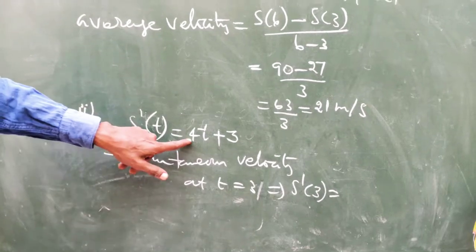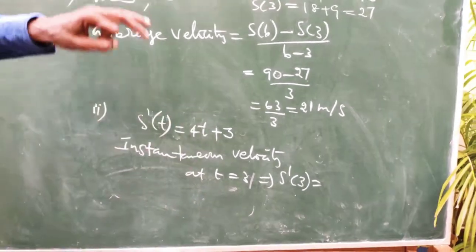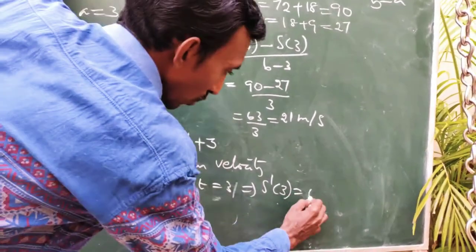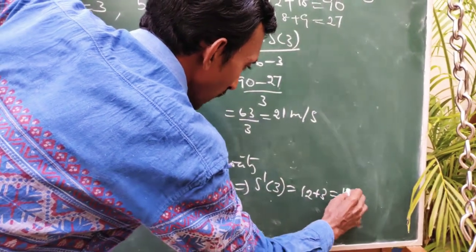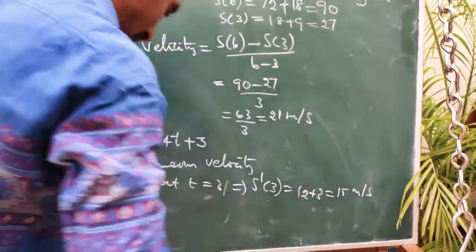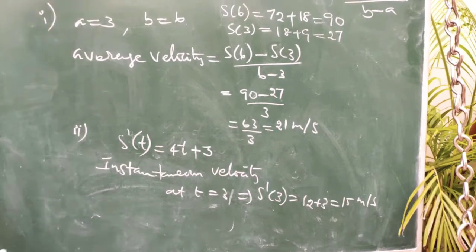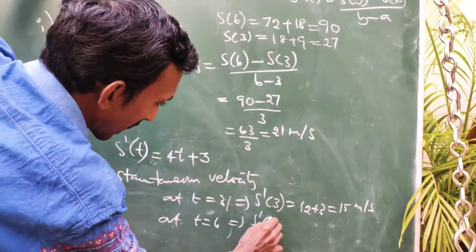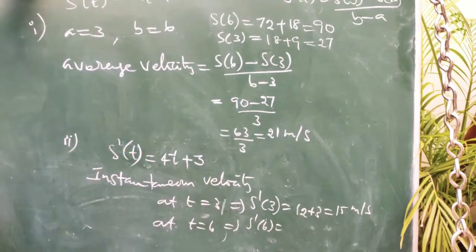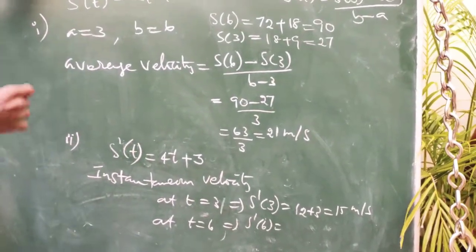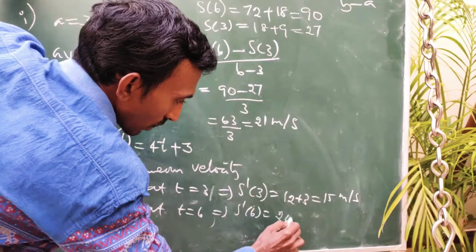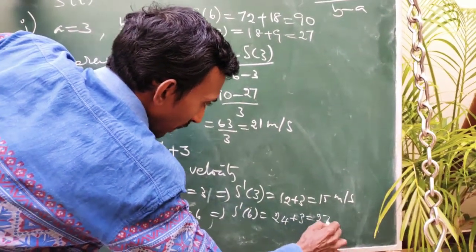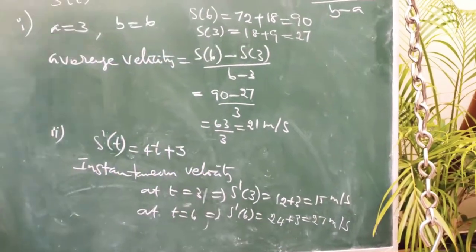So 3 4s are 12, 12 plus 3, so 15 meter per second. Second, at t equal to 6, which implies s dash of 6. Put t equal to 6. So 24 plus 3, it's 27 meter per second. That's all.